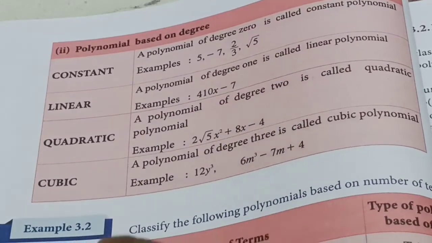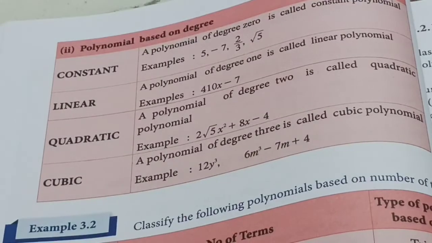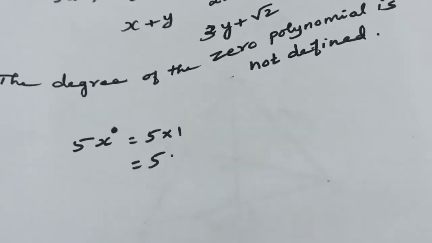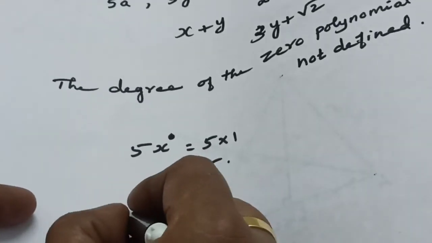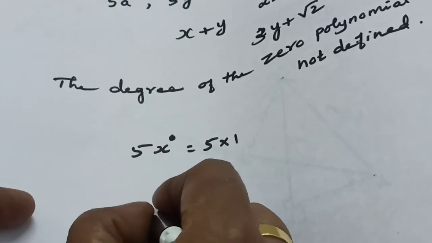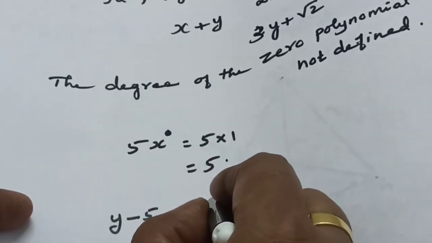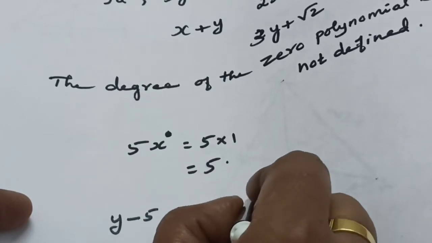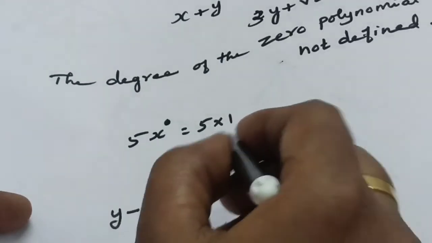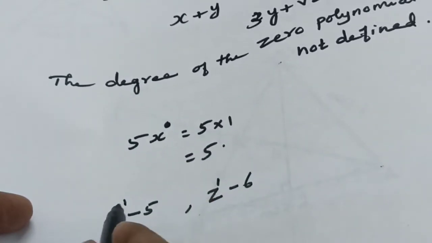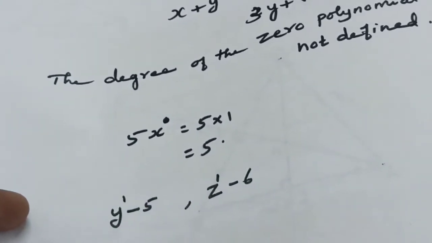So this is a linear polynomial. For example here y minus 5, then z minus 6. Then the degree is what? 1, isn't it? Degree 1.